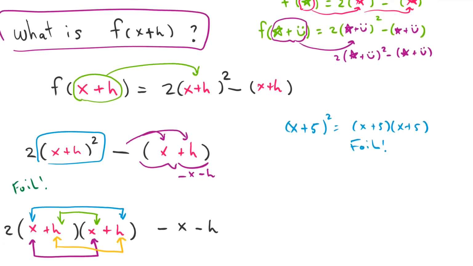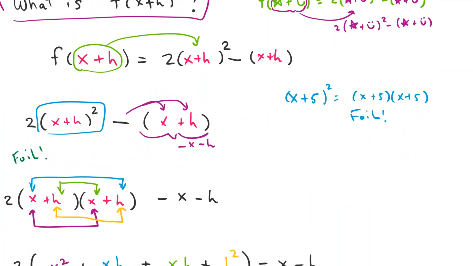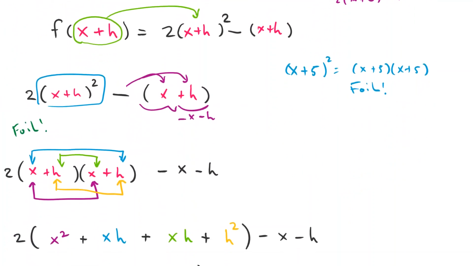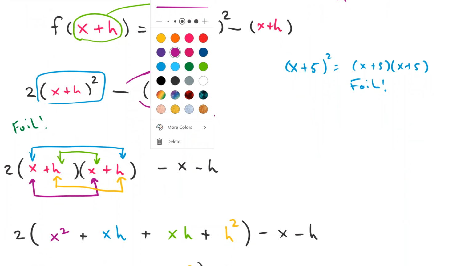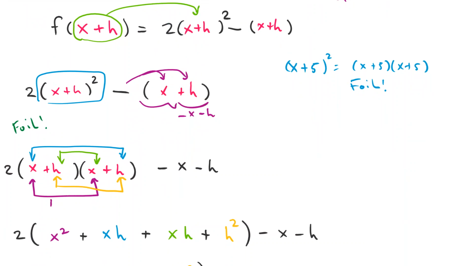So when we FOIL, we're going to get this. We have first, which is here, x times x gives us x squared. Then we have our outer, which is up here, x times h, which gives us xh.